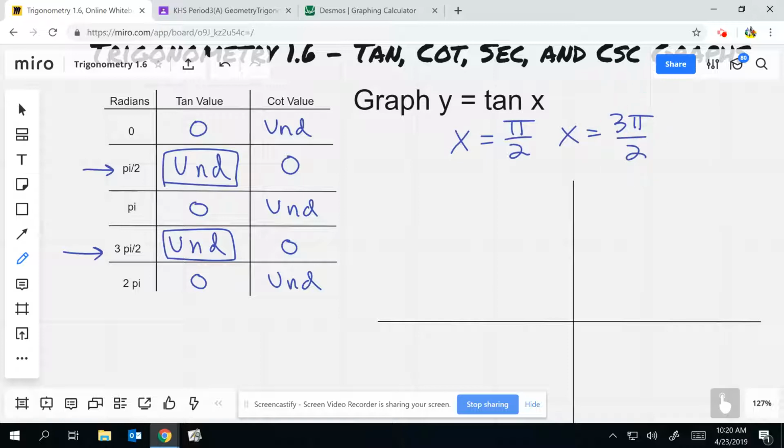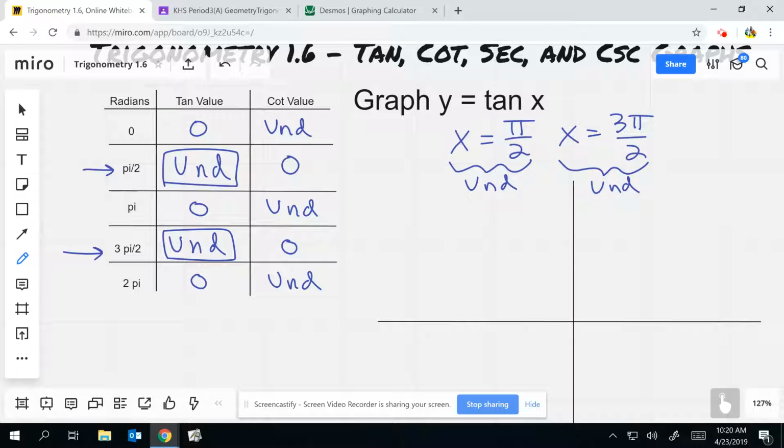Now I put x equals because what I'm trying to do here is find where the undefined values are. If x equals pi over 2, then you're going to have an undefined value. If x equals 3 pi over 2, you're going to have an undefined value.